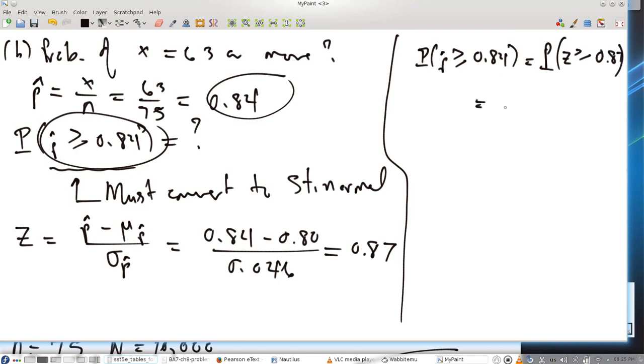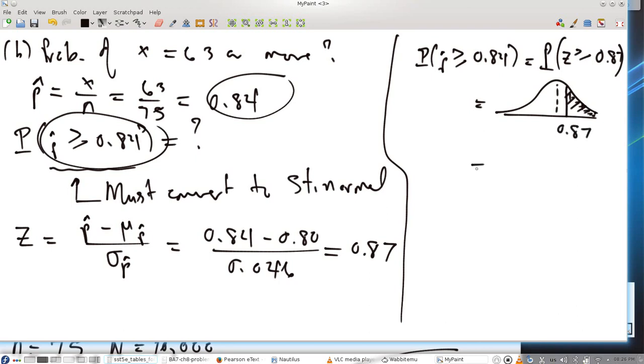So this is the curve that describes that. This is 1, 2, and 3. 0.87 is somewhere around here, close to 0.9, and it is greater than that value. It's to the right of that line.